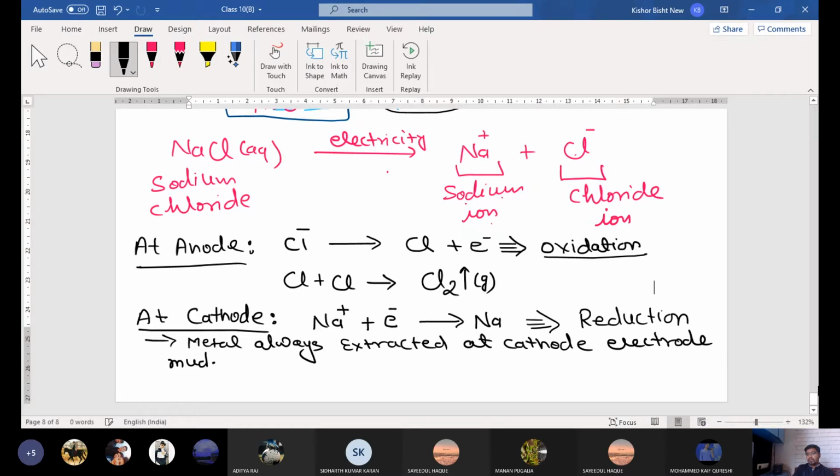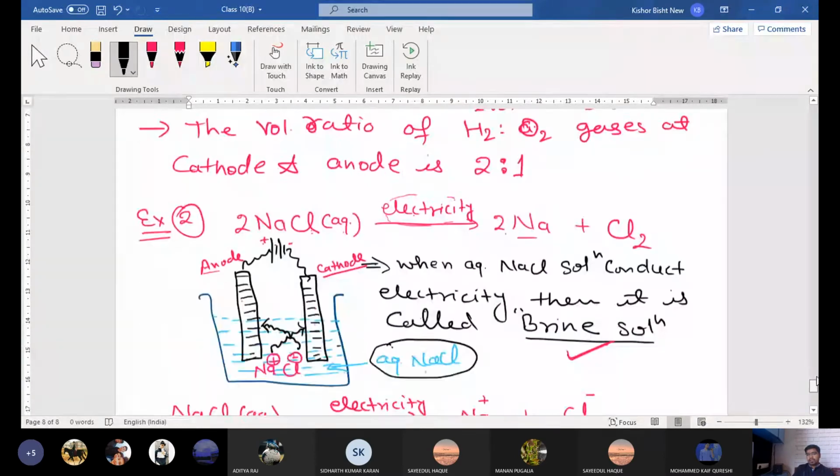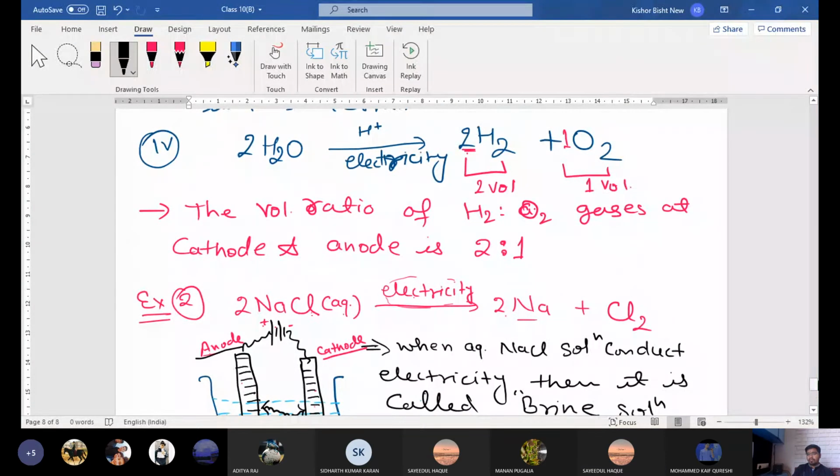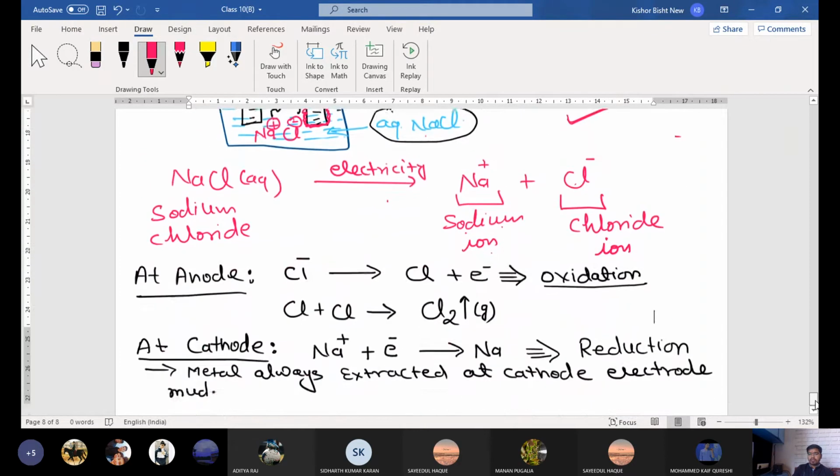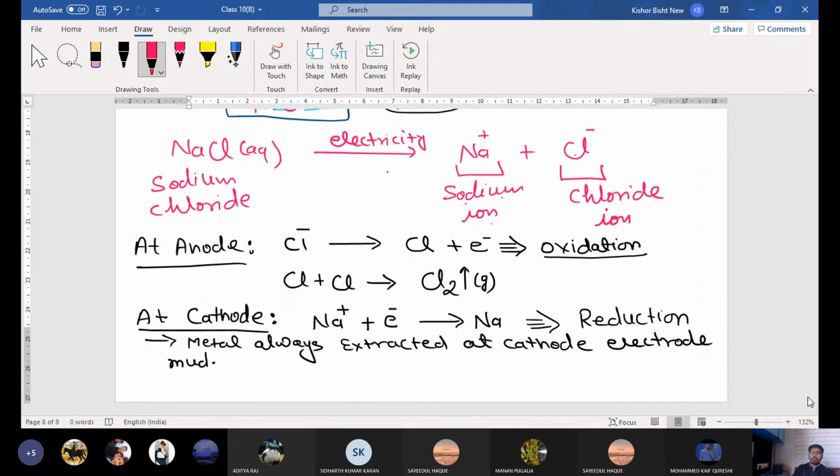What is the meaning of the mud? This is the electrode. In the bottom part of the electrode, the sodium will be deposited. Metal will be deposited at the mud, meaning the lower part.